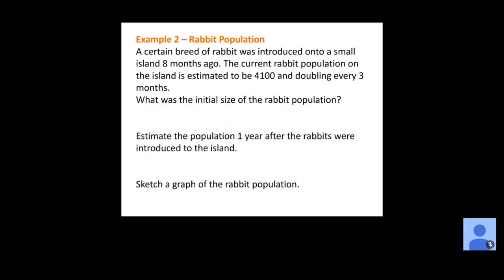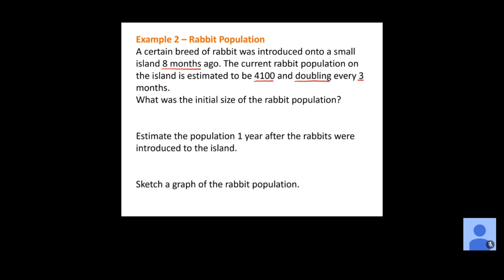So let's think about what we are given. If I use my formula here, we're told that the population is 4,100, but that is after 8 months. So our population at 8 months is 4,100. And we also know that it's doubling every 3 months, which tells us we're using our doubling time formula.